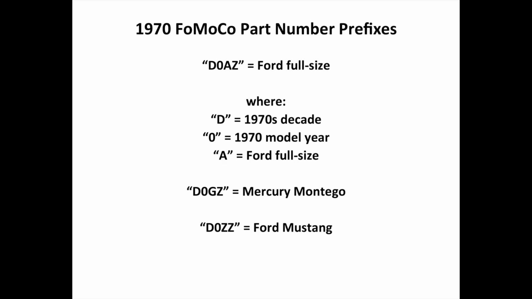The part number prefix for a 1970 Mercury Montego part is D0GZ, where G indicates Montego. 1970 Ford Mustang part numbers begin with D0ZZ, where the first Z indicates Mustang, etc.